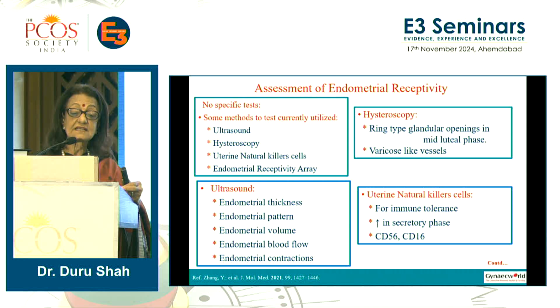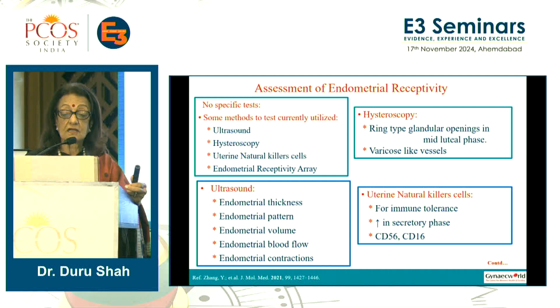So if you want to assess endometrial receptivity, there are no specific tests, and as I mentioned earlier, you can use ultrasound, hysteroscopy, uterine natural killer cells, or the endometrial receptivity array, which is ERA. On hysteroscopy you will see varicose-like vessels and ring-type glandular openings.